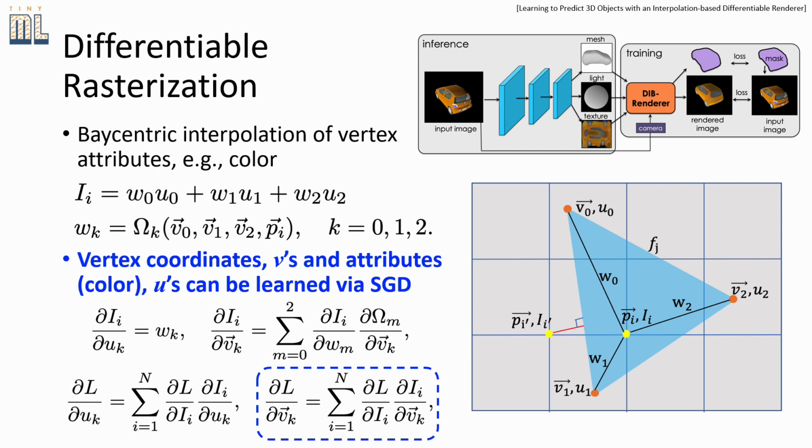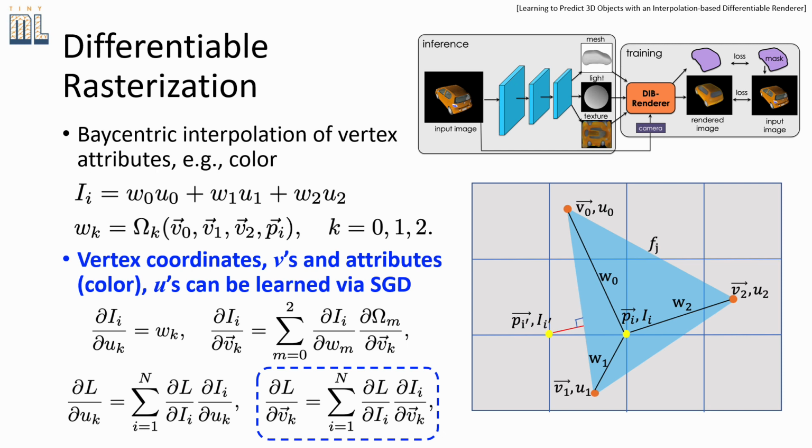So using them, finally, you can calculate a partial derivative like this one. So when we ask whether we can train something via gradient descent or not, the question is very simple. Can we obtain the partial derivative? So as you can see here, we can have the partial derivative of loss with respect to vertex coordinate. So we can train this model by gradient descent.